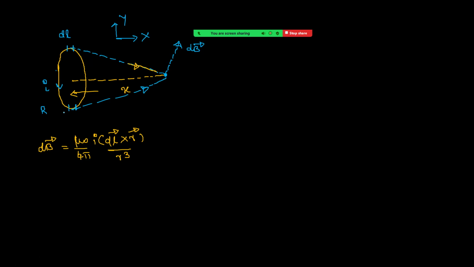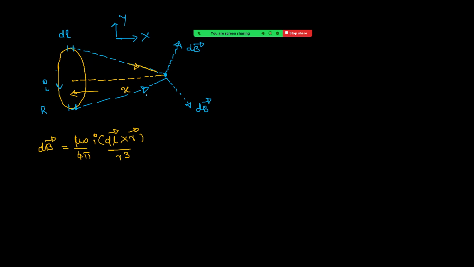Again take this plane. Take your right hand, keep the thumb inwards, normal to the board inwards, and curl the fingers. Then the normal to this plane will be like this. This is dB bar.